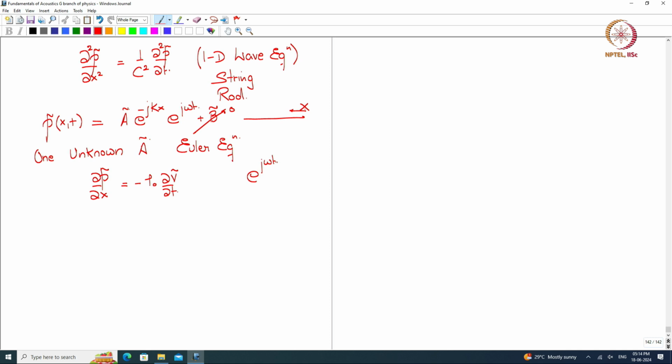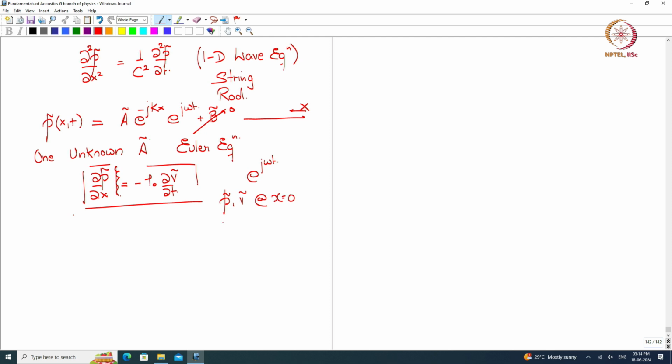If I do this on the left side, I get minus j k. We are going to use this to relate pressure to velocity at x equal to 0.